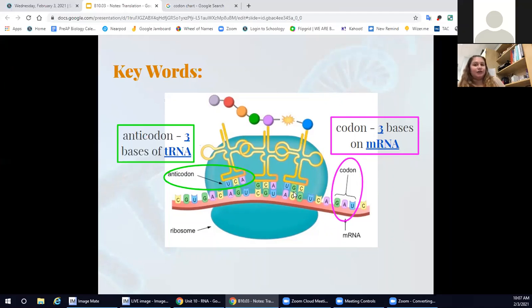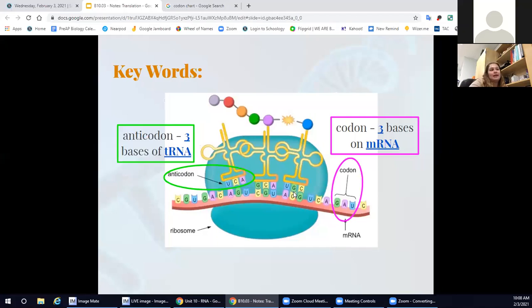An anticodon, that's going to be located on the tRNA, which is one of the RNAs that we read about. Today we're going to explain it. But a tRNA is going to carry the anticodon, and basically it's just a match to the mRNA.